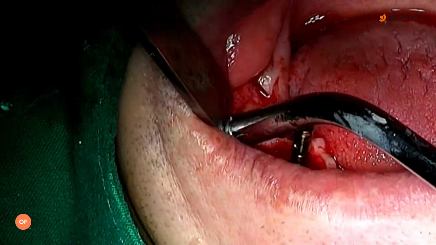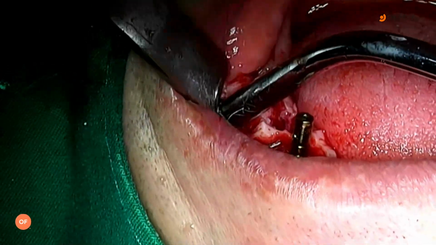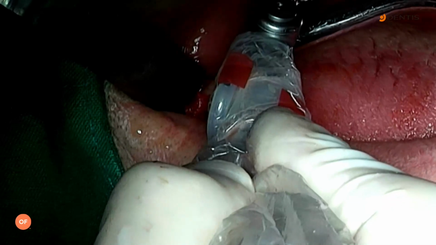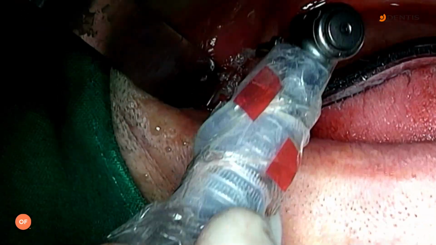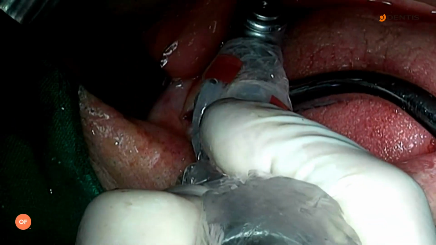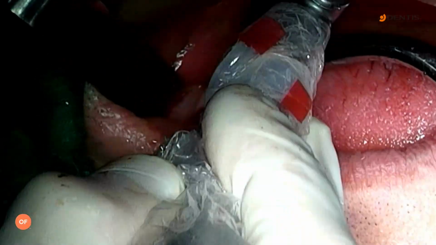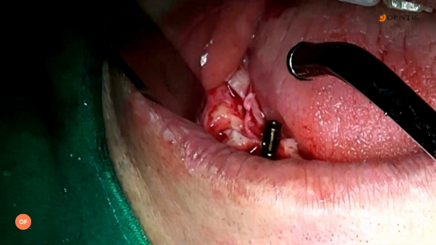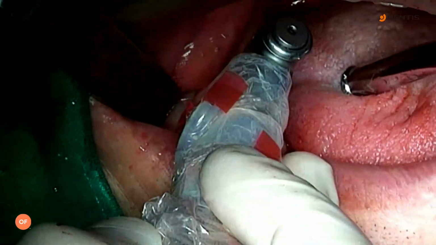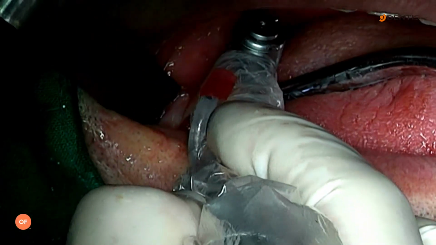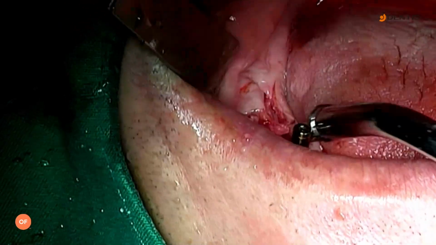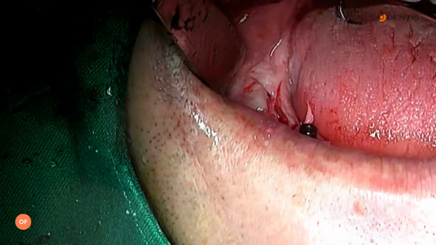In this area, I will place the 8 millimeter SQ implant. Next drill, 3.5. Just one by one. Next drill, 4.0. I think it's a little bit soft bone, so one step before. Final drill, 4.5.